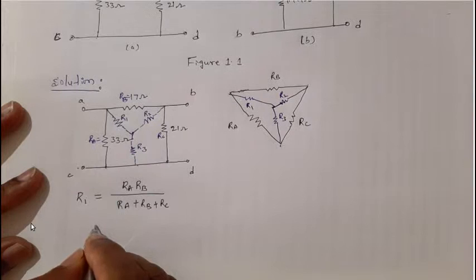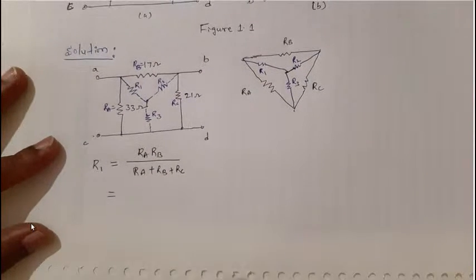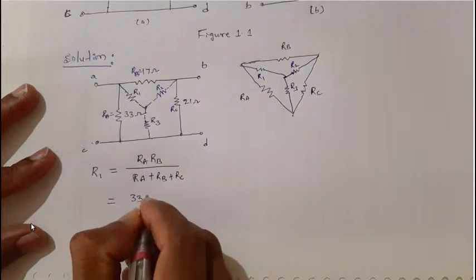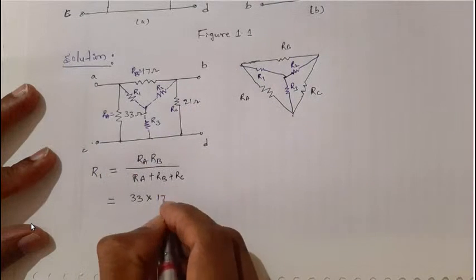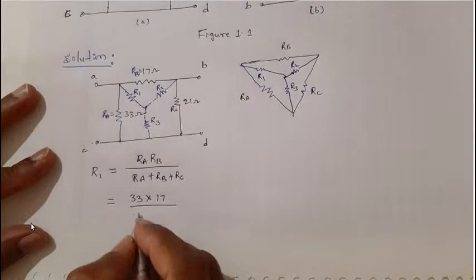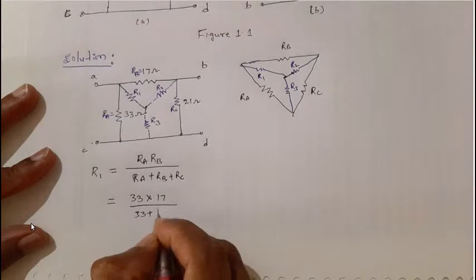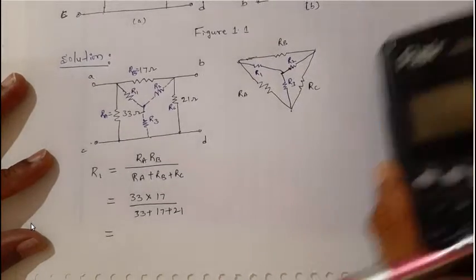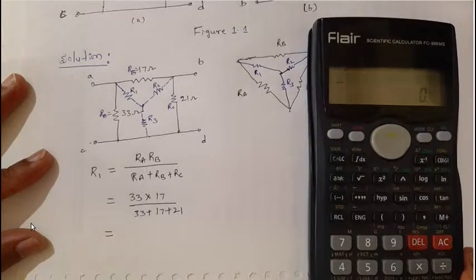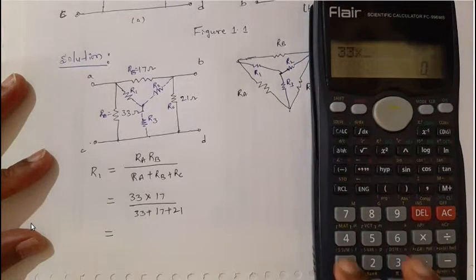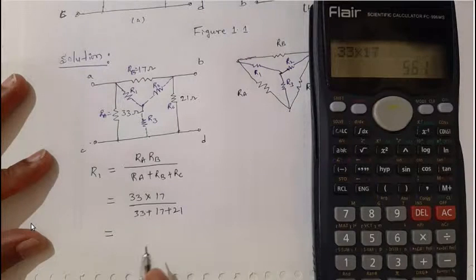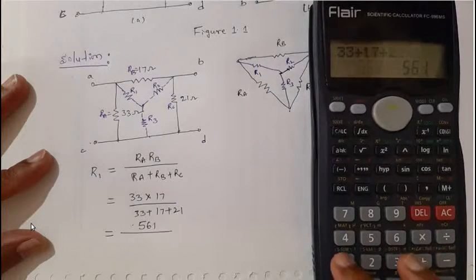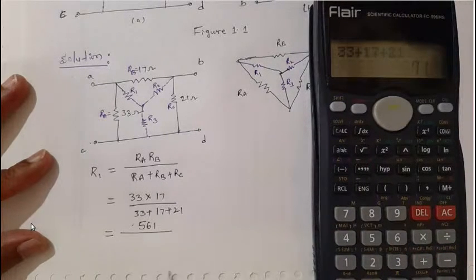Now let us substitute the values. RA is 33 ohm, into RB is 17 ohm, divided by RA plus RB plus RC, that is 33 plus 17 plus 21. Let me take a calculator and calculate this. 33 into 17 is 561, divided by 33 plus 17 plus 21, which is 71.